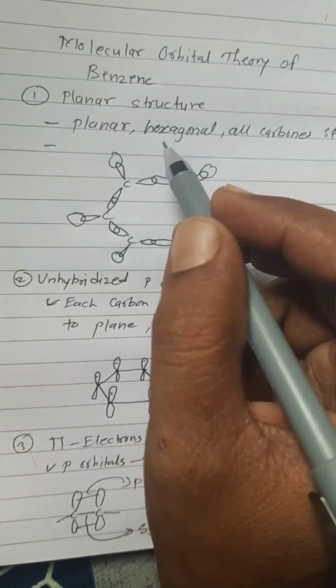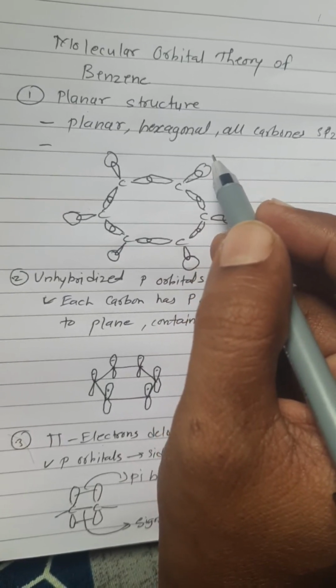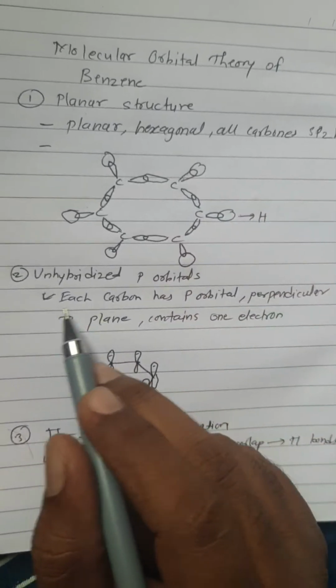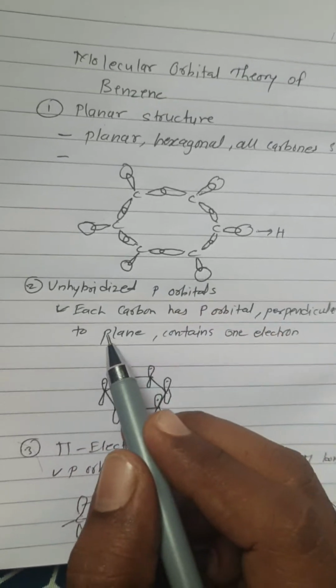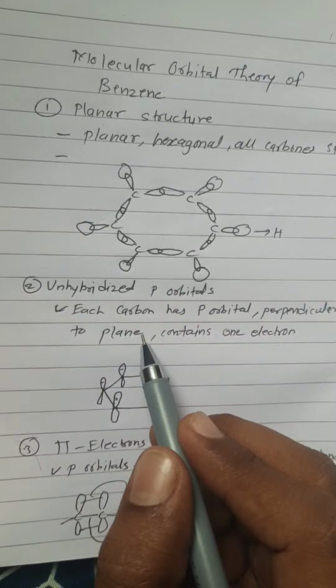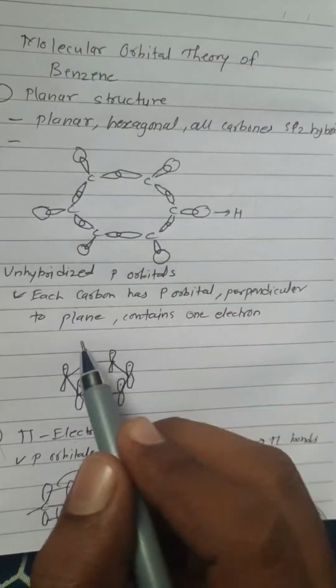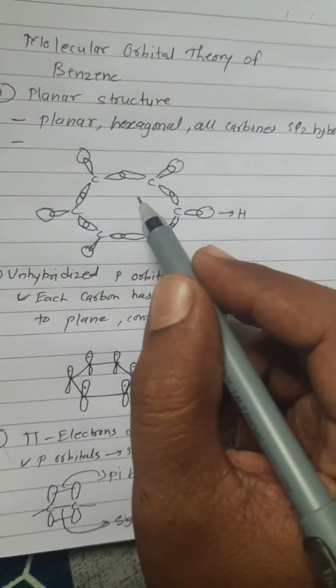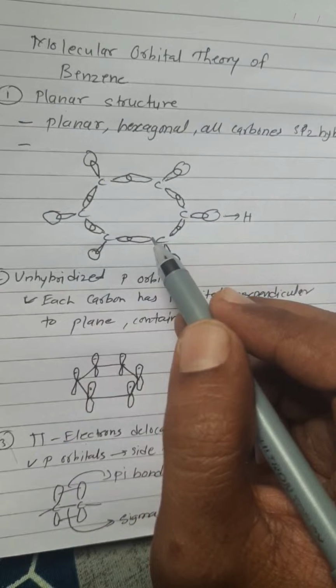The point number 1 is the flat planar structure, hexagonal shape. Point number 2 is the carbons' unhybridized p orbitals, they are perpendicular to the plane. In this structure, the carbon-carbon sigma bonds are shown.